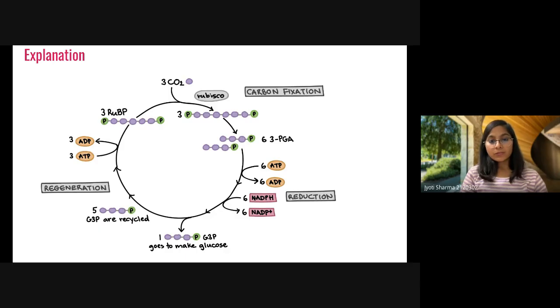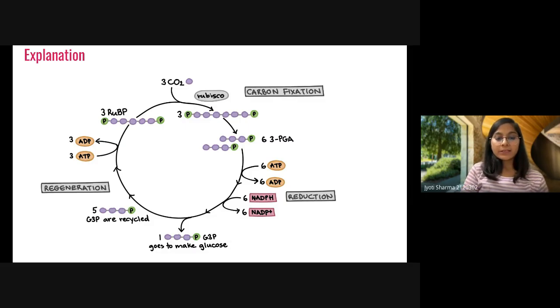In the presence of Rubisco, it generates a 5 carbon compound, then 3 molecules of 6 carbon compound, and each of those then splits into 3 carbon compounds. It takes ATP and NADPH, and this is how the energy is utilized.